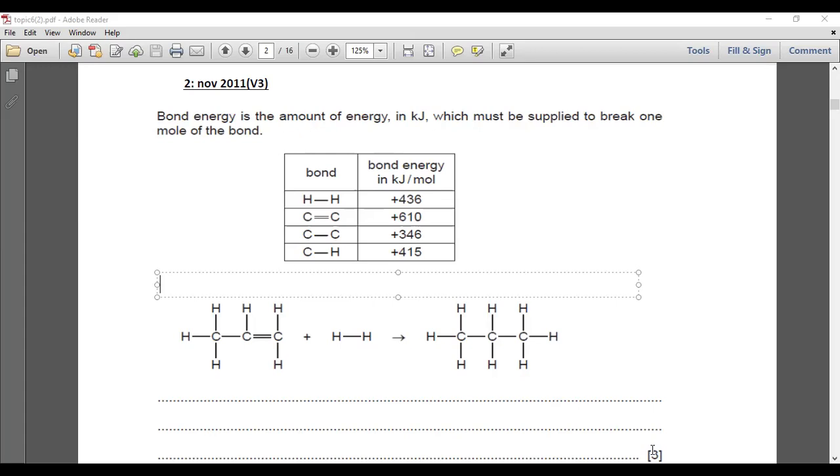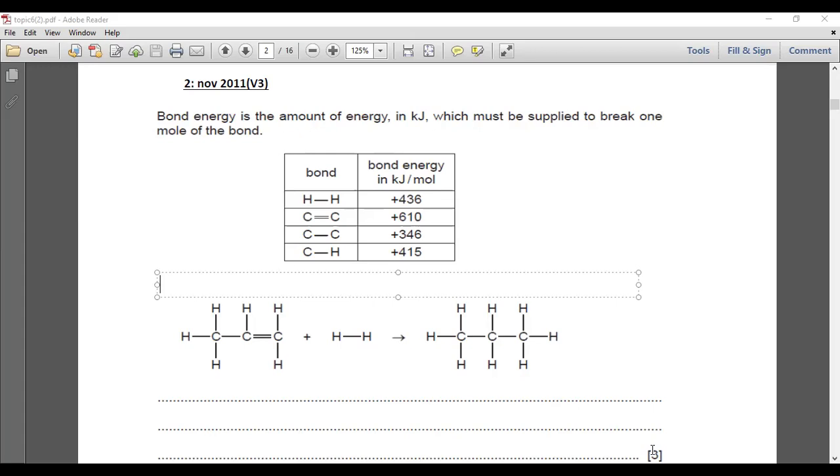Ashraf, energy in: 1, 2, 3, 4, 5, 6 multiply 4, 1, 5. That's okay. 3, 4, 6. Okay. 6, 1, 0, 1. Energy in, very good, Ashraf.